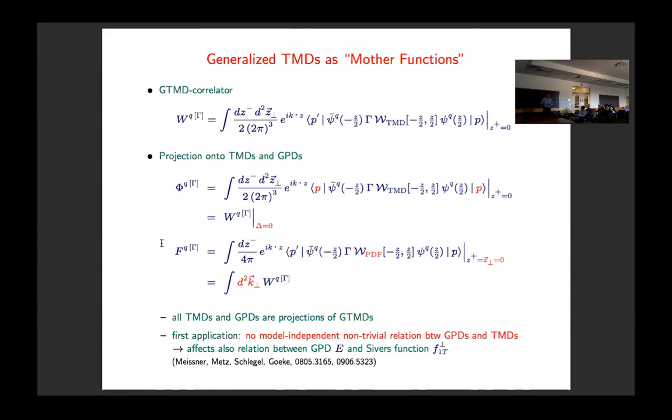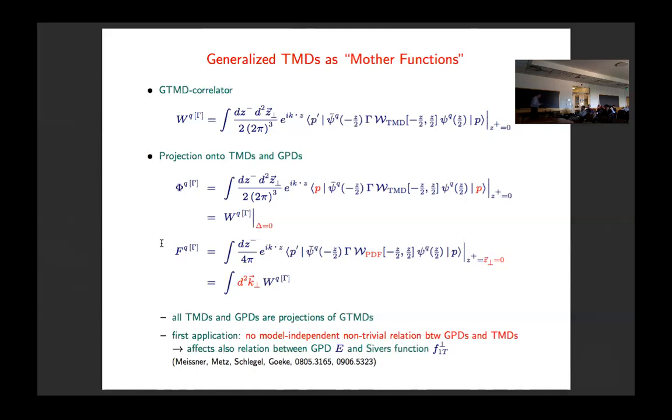And I want to briefly talk here about the first application. This application was the reason why at the time, now about 10 years ago, we started looking in the classification of those objects. At that time, we were thinking quite a bit about the question, can there be any non-trivial relation between GPDs and TMDs? And the most famous one, which was put forward at that time, was between the GPD E and the Sivers function f1T perp.